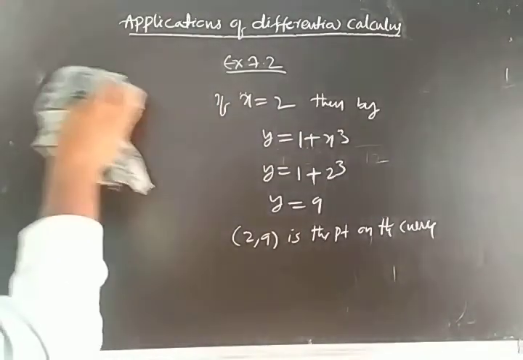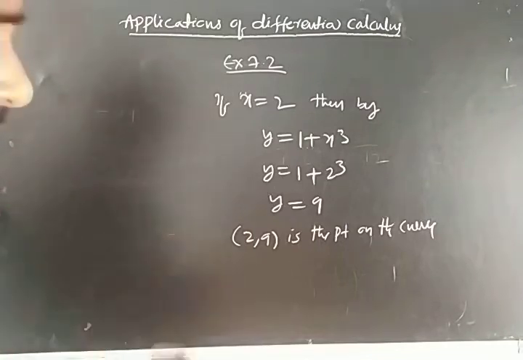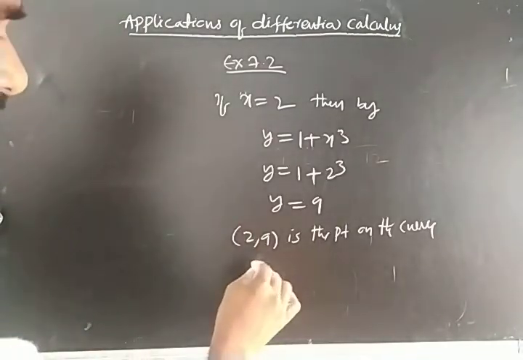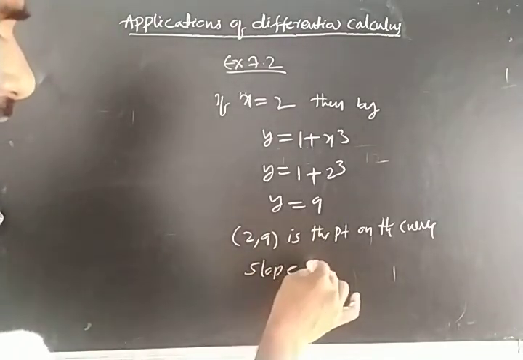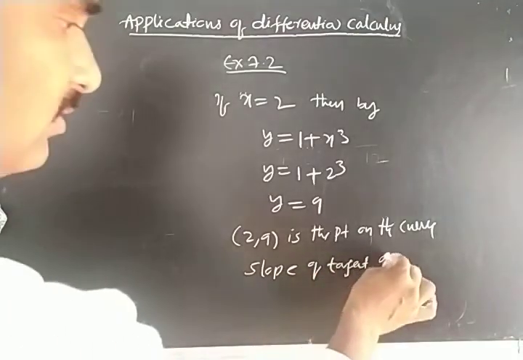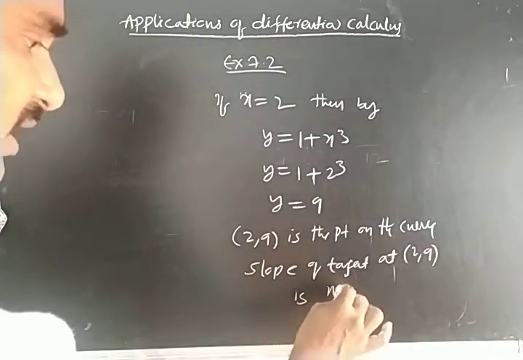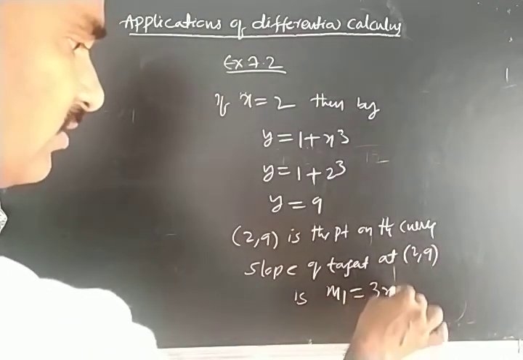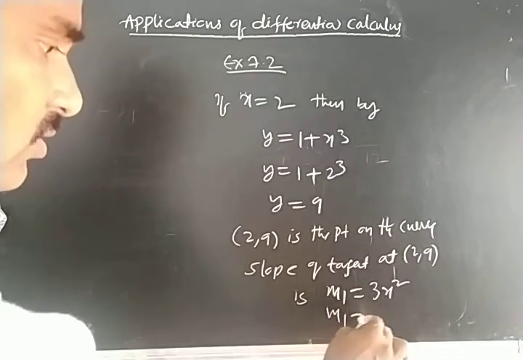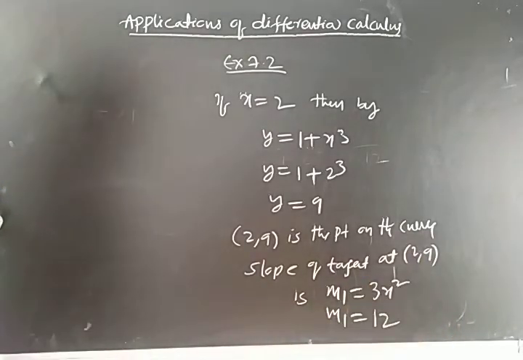Now I am going to find the slope. What is the slope of tangent at (2, 9)? m1 equal to 3x square, so 3 into 4 is 12. m1 is 12.